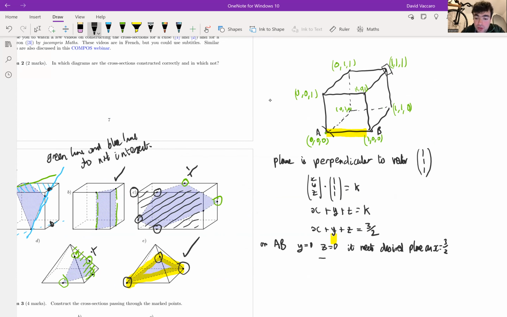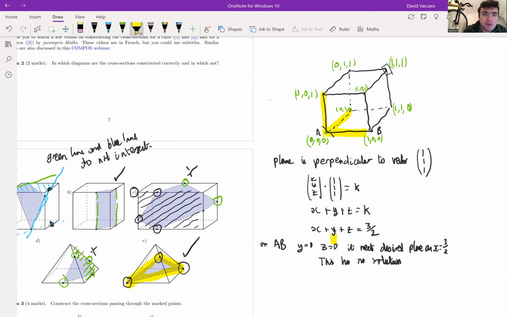So this has got no solutions. Exactly the same argument shows that there's no solution on this edge or this edge, because on those 3 edges that point out from A, 2 of the coordinates are 0. And so the third coordinate would have to be bigger than 1 in order to make it equal to 3/2.